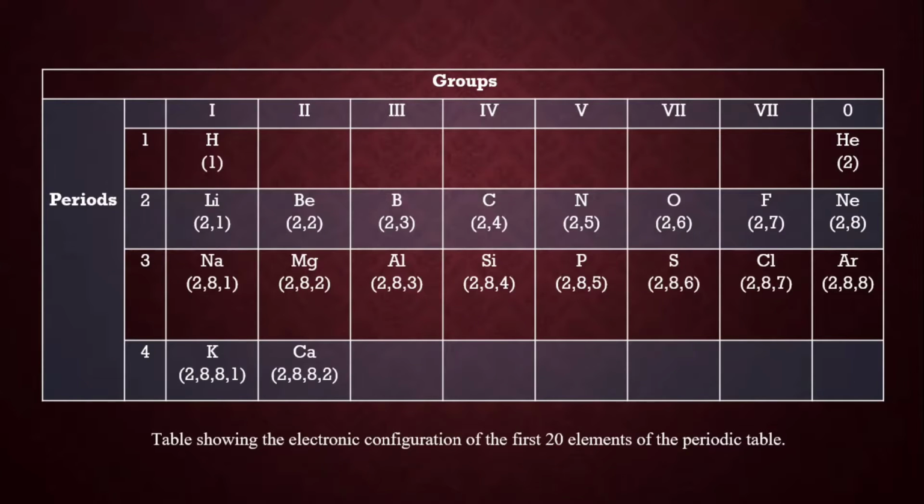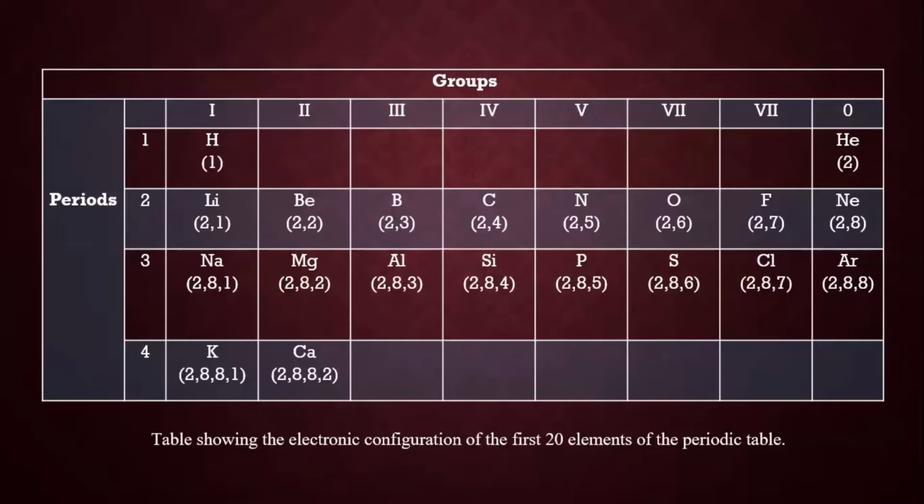The table below summarizes the electronic configuration of the first 20 elements of the periodic table. The similarities in the electronic configuration of elements in the same group are that all elements in the same group have the same number of electrons in the outermost shell. The number of valence electrons is equal to the group number, and all elements in group 0 have the full outermost shell.